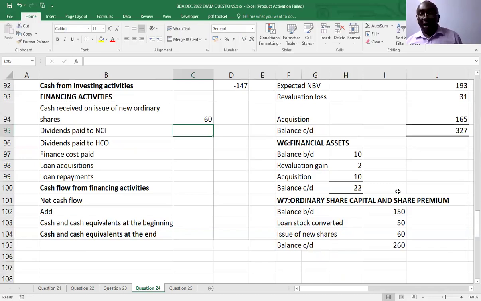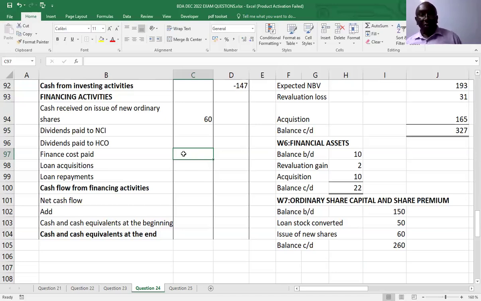So hapa hatuna kina NCI, hatuna HCO. No, we have the finance costs.